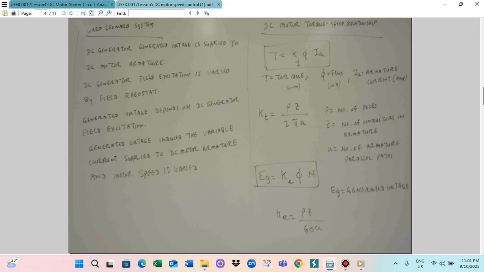The constant can be calculated by this formula: KT equals P Z divided by 2 pi A. So in this case, P is the number of poles, Z is the number of conductors in the armature, and A is the number of armature parallel paths.